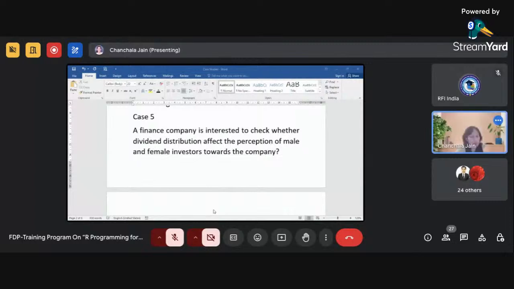According to Abhishek sir, it's a two-way ANOVA case. Any other opinion?